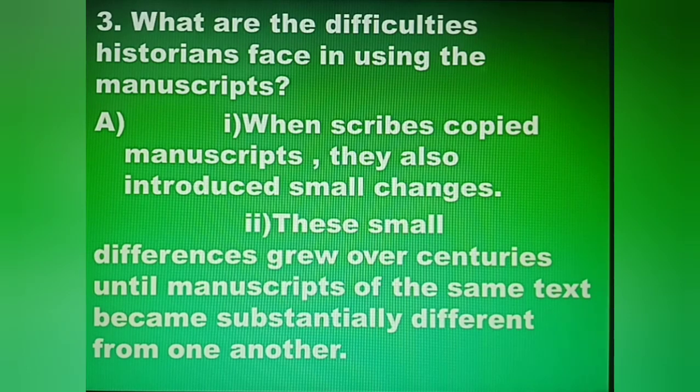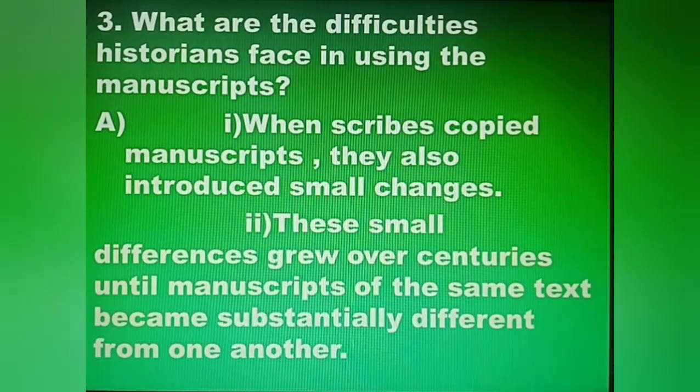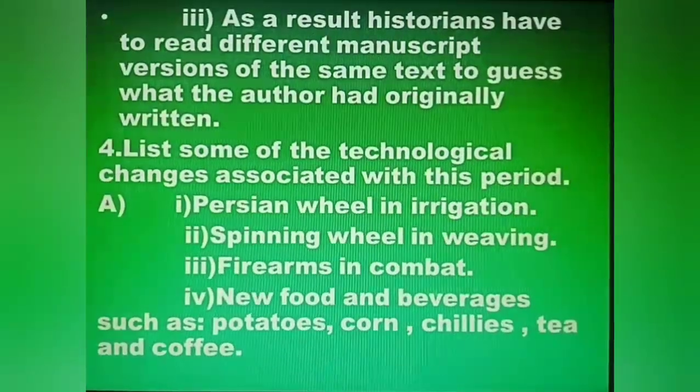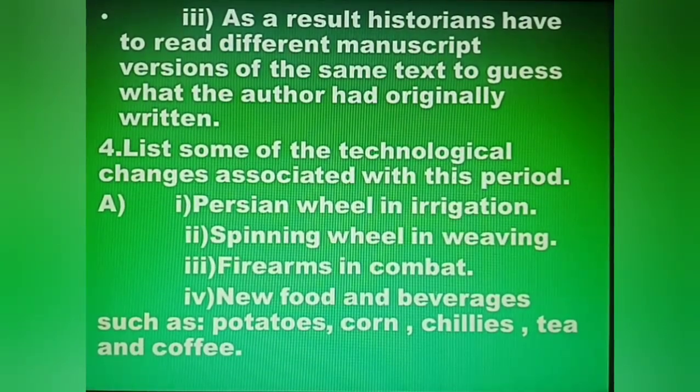When scribes copied manuscripts, they also introduced small changes. Second point. These small differences grew over centuries until manuscripts of the same text became substantially different from one another. Third point. As a result, historians have to read different manuscript versions of the same text to guess what the author had originally written.